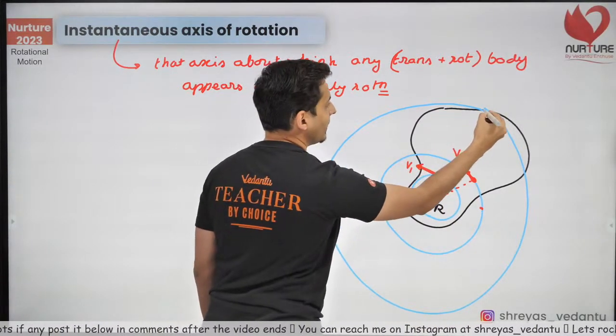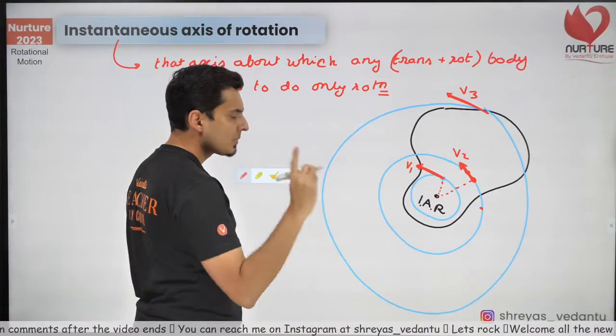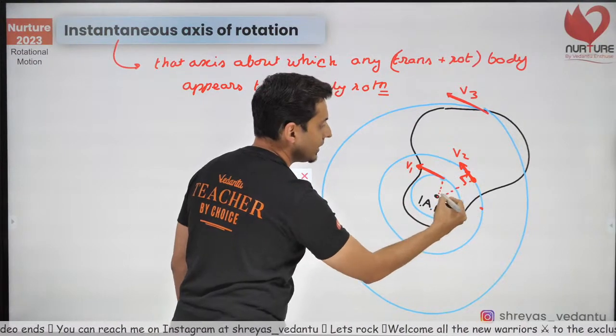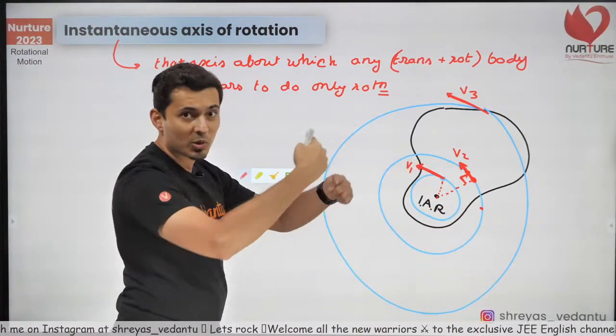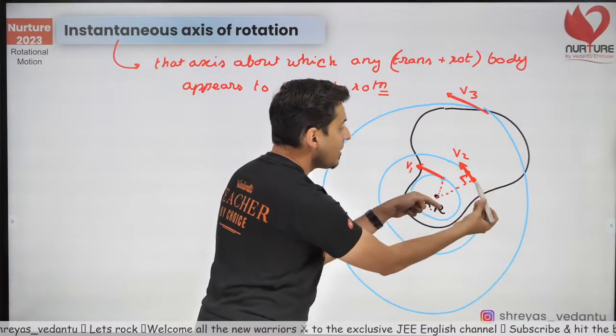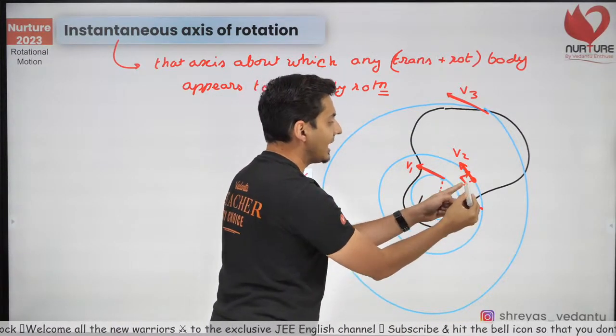Maybe this point over here will have a velocity V3, and so on and so forth. Guess what? These velocities are always perpendicular to the line joining that axis and that point. So remember, in a circular motion, the velocity is always tangential. So these velocities are always perpendicular to the line joining, or the distance between the axis and that point.